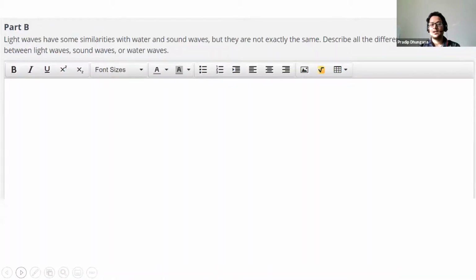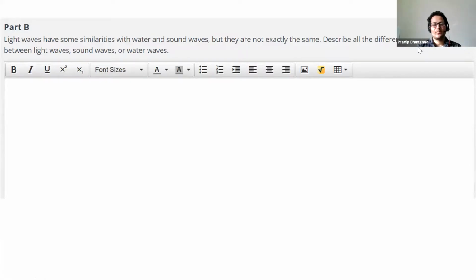This time you have to find all the differences between light waves, sound waves, and water waves. Anybody?